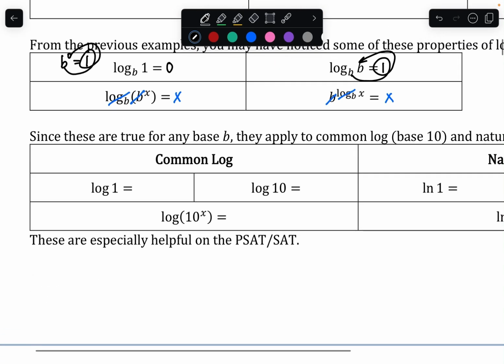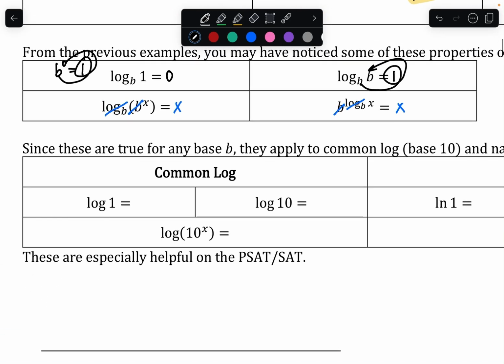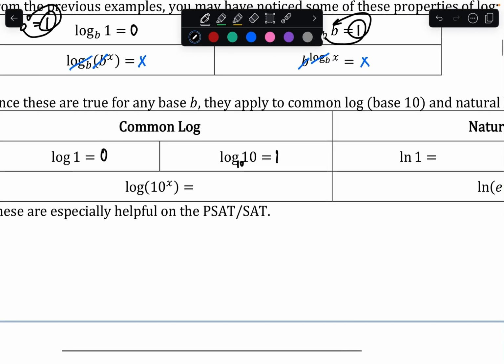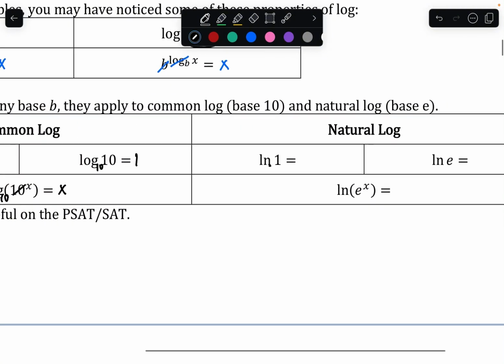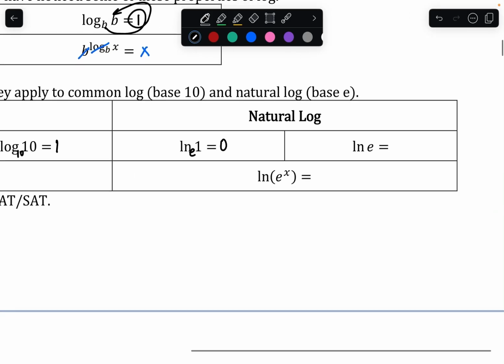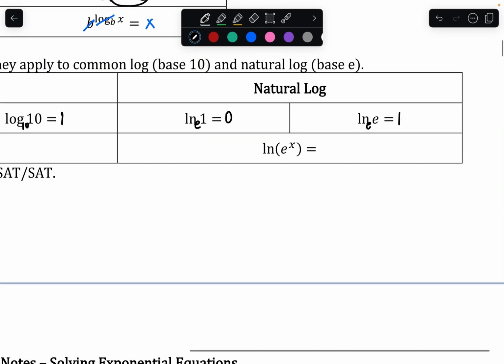These are true for common log too. Anytime you put 1 in, you get 0. Anytime you put 10, here 10 would give us 1. And then this is base 10 canceling with base 10, giving us x. This is base e, but we're still inputting 1, so we're getting 0. Here we have base e, and then our output is e, so the exponent was 1.